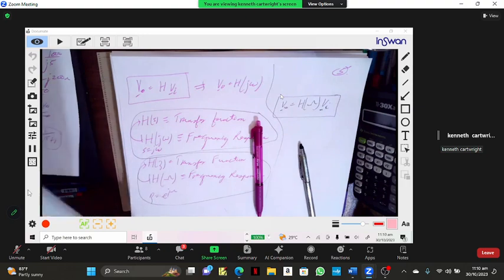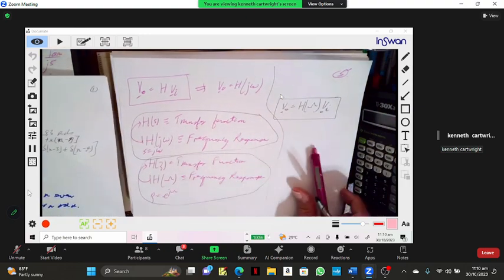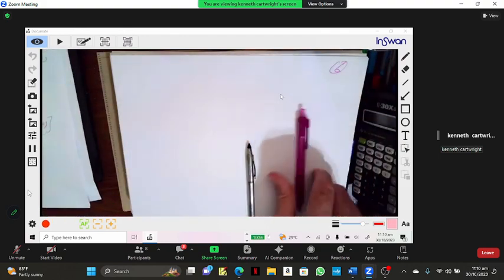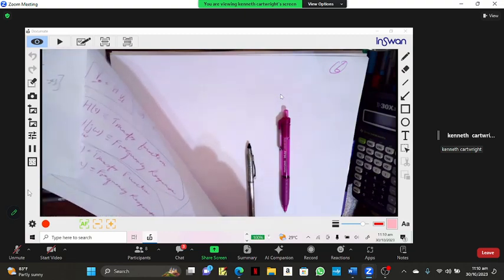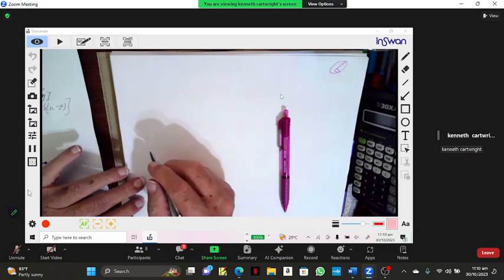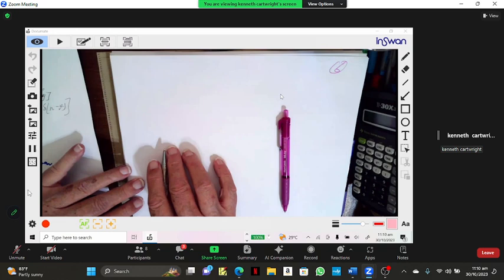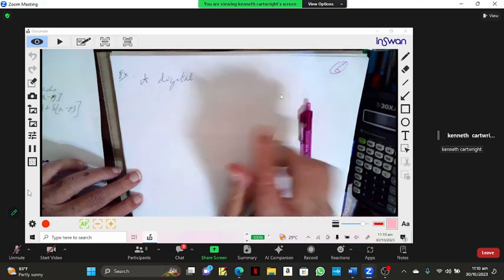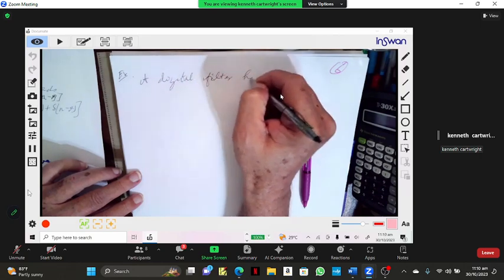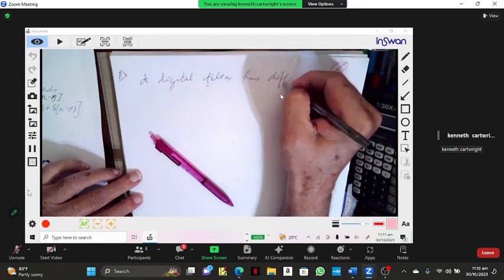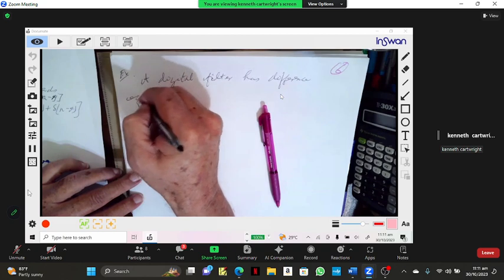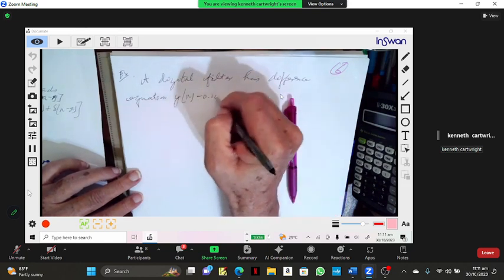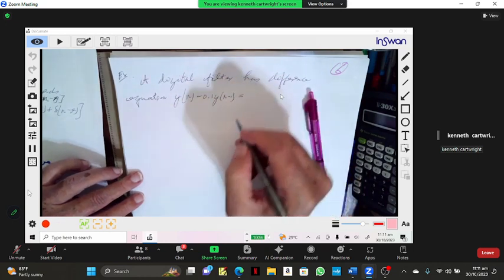Let's do an example. A digital filter has the difference equation y of n minus 0.1 y of n minus 1 equals 2x of n.